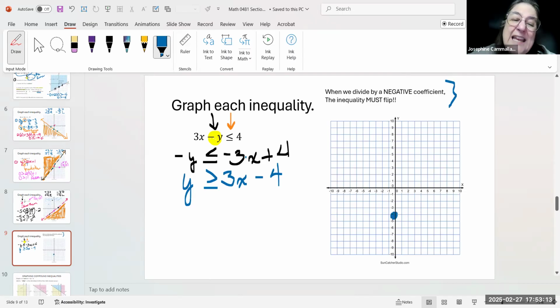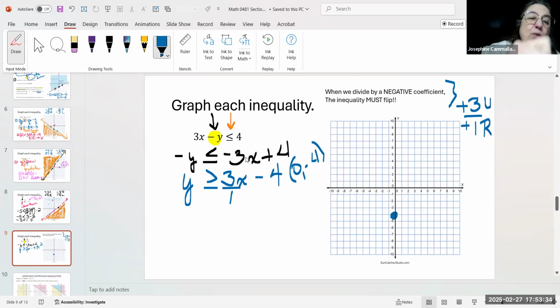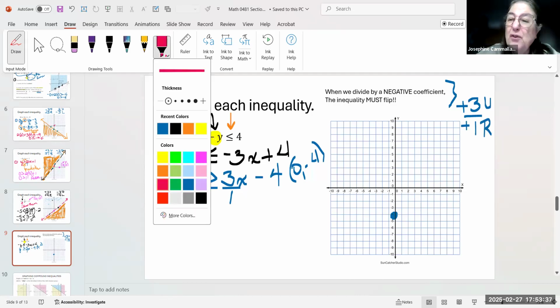And unfortunately, we got our point right here. This is our y-intercept. 0, negative 4. And our slope is 3 over 1. So I have a positive 3 over positive 1. So from my blue point, I'm going up and right. So from negative 4, I'm going up 3, right 1.